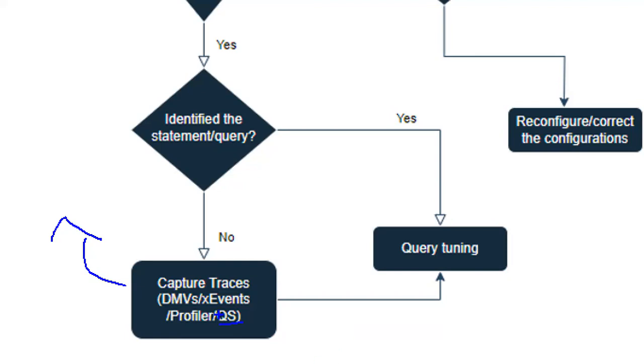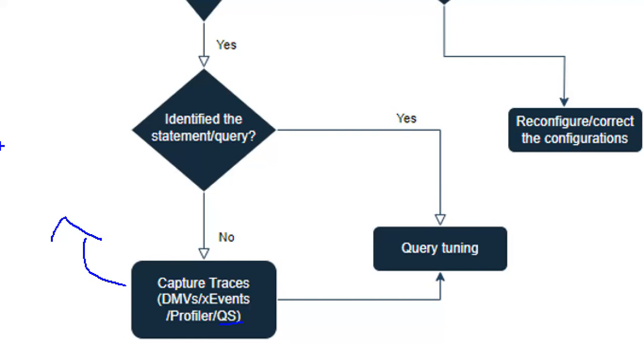Or if you know the time the query executes, you can find that query from the DMV sys.dm_exec_requests, and by joining some other tables, we can find the query which is running slow. So that is there.